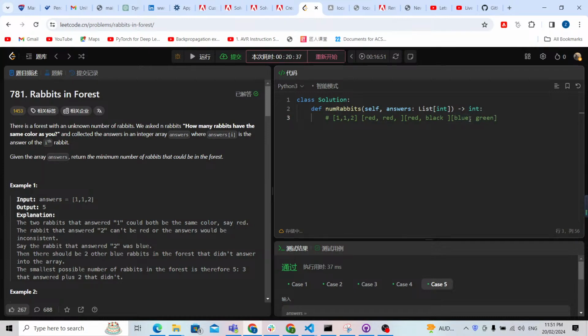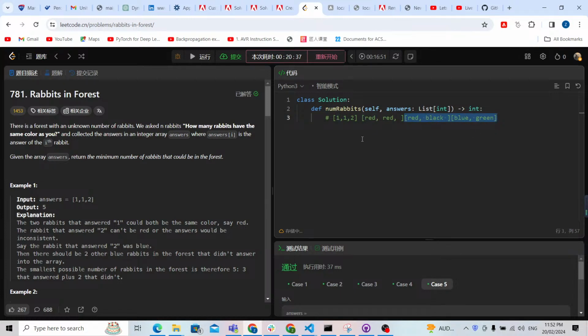So up to here, there have already been 4 rabbits in the forest, but we need to check the minimum. So if there is something like 1, 1, we need to use this red and red. There will be only 2 rabbits, but not 4 rabbits. So this is the greedy idea. If there are the same colors, maybe this one knows this one, and this one also knows that one. We know each other, so this is going to be the minimum number.